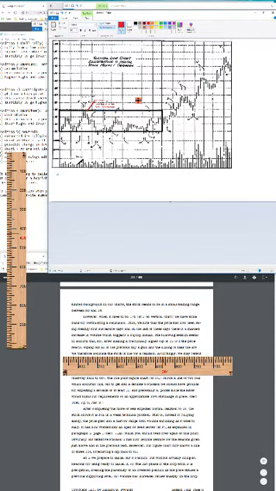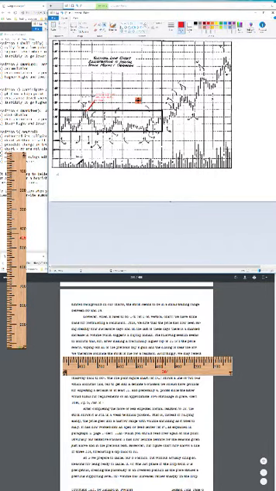And that's the reasoning for it. So at that point right there, it's in position 3. Why?